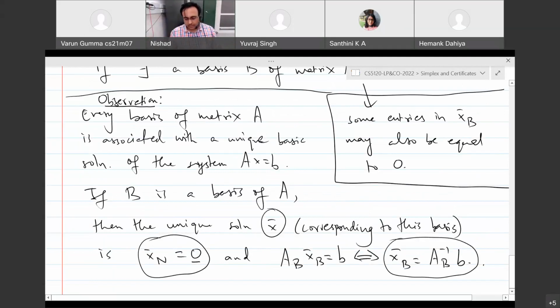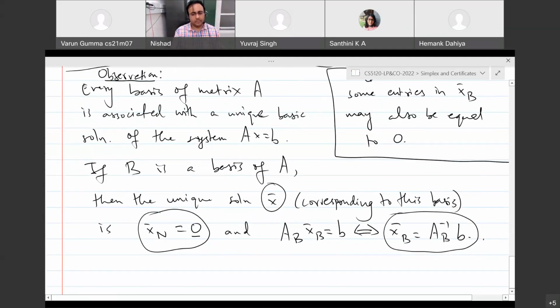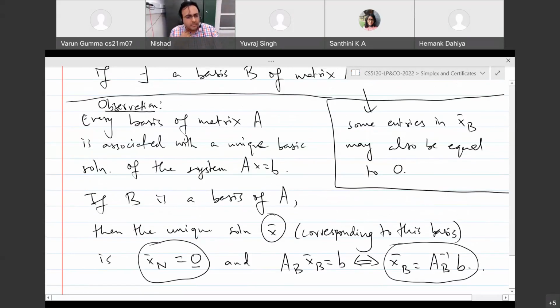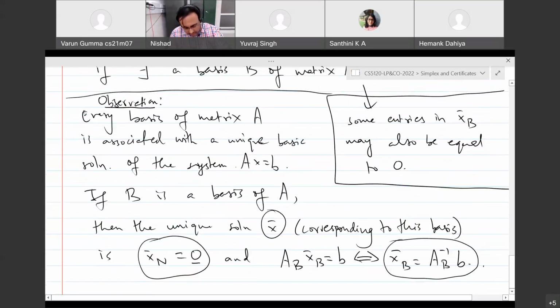Are there any questions or concerns at this point? All right. And notice that here we are just talking about the system. We are not talking about the linear program, but of course, our interest is in solving linear programs in standard equality form.